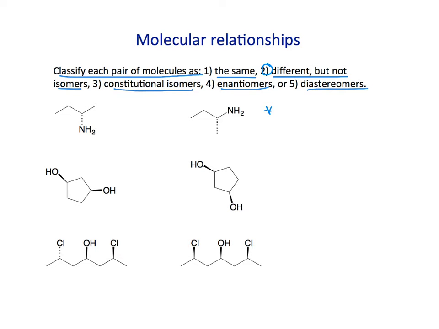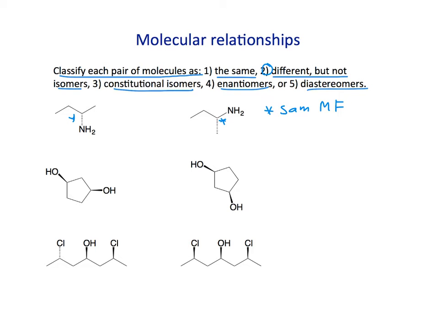We could write that here, same molecular formula. Do they have a stereogenic center? Yes, they both have a stereogenic center. So we need to determine whether they're either the same or enantiomers. They aren't constitutional isomers, and they can't be diastereomers unless they have more than one stereogenic center.